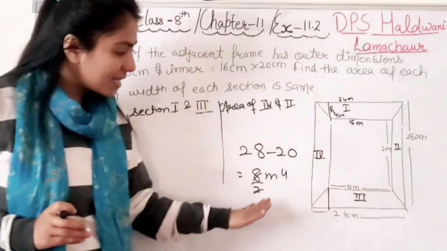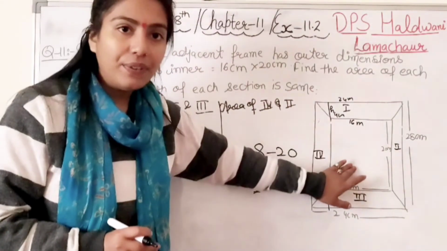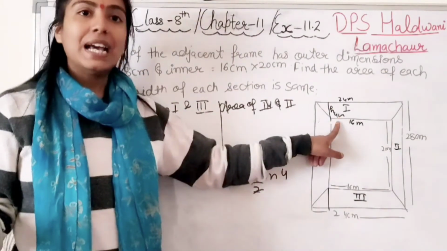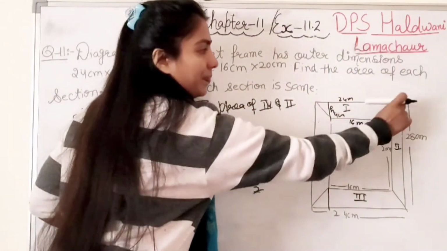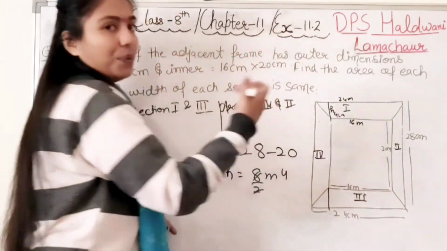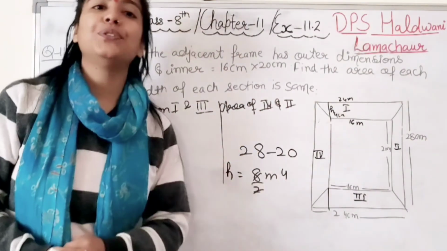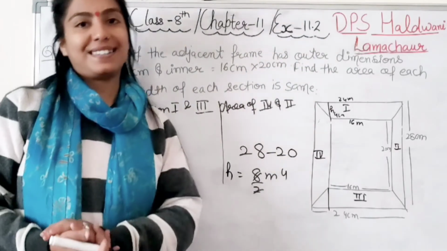Got it, student? In this manner you will find the height everywhere, for the inside one and for the outside one also. Got it, student? For one, I told you how to take out the calculation. A is this, B is already given to you, and the height we found. Got it, student? In the same manner, for 4 and 2 you will take out the values first, put them into the formula and get the answer.